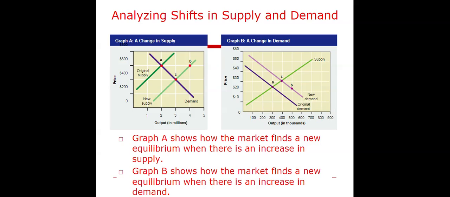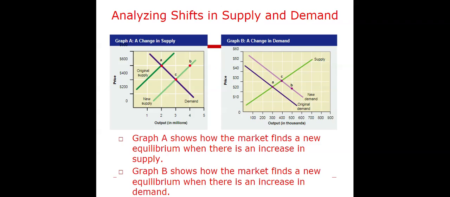If there's an increase in supply, our supply curve shifts to the right, and now we have a new equilibrium. So it went from $500 to $300 for the price, and quantity demanded and quantity supplied to a 3.